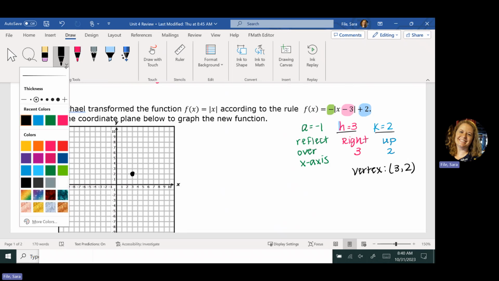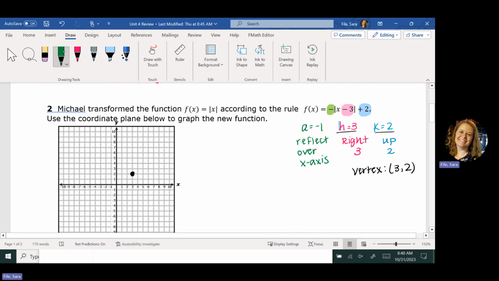And then the green is my slope, or the A, I wrote it in green, is my slope to the right. So it's -1. So instead of going up 1 over 1 and my V opening up, I'm going to go down 1 over 1. My V is going to open down. So there's the right side of my absolute value.